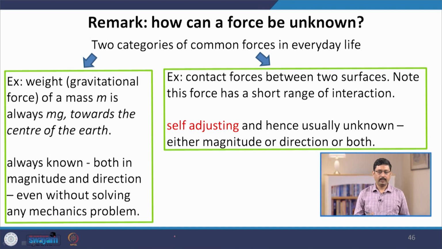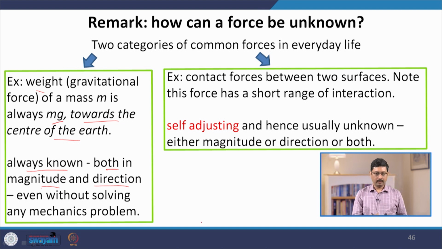Let us say you take a particle of mass m, then its weight is always m times g, where g is the acceleration due to gravity, always towards the center of the earth. This means that this force is always known, both in magnitude as well as in direction, even without solving any problem.